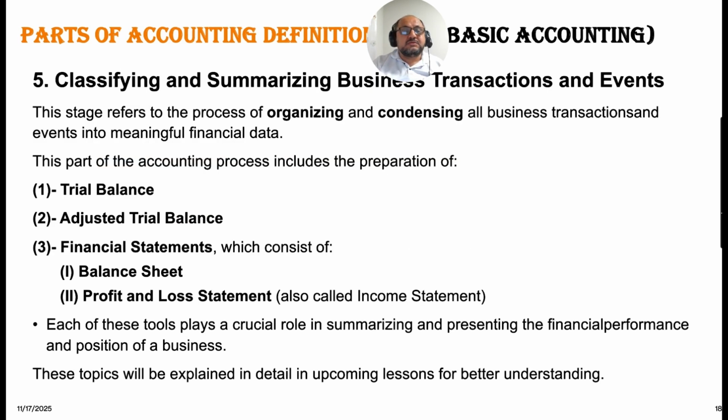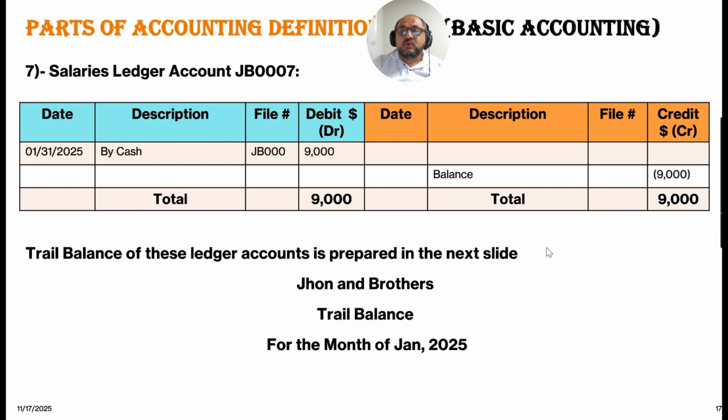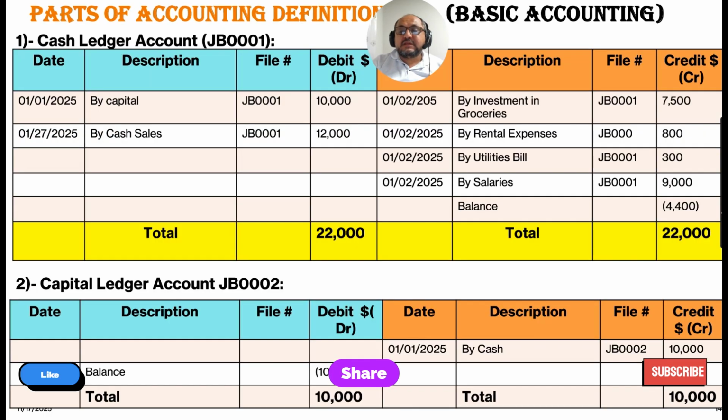Then I will also teach you in the upcoming video what a trial balance is. I prepared a trial balance also for you. See, remember this: $39,600 should be equal to this $39,600, and both of these $39,600 should be equal to the journal entries amount.